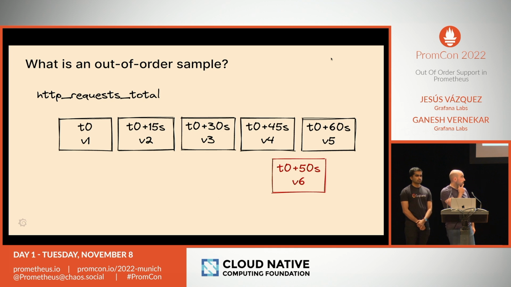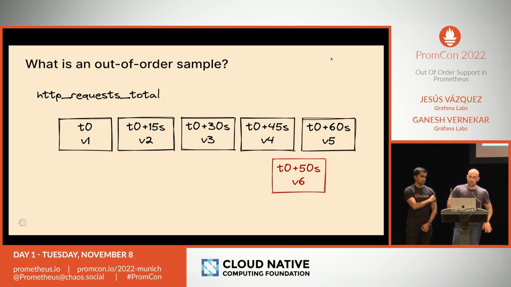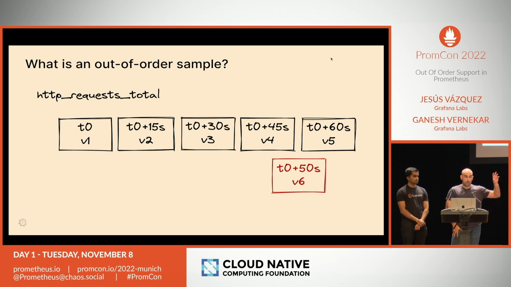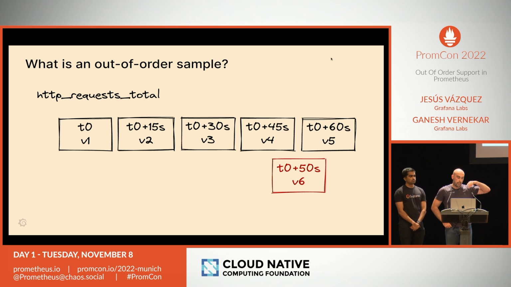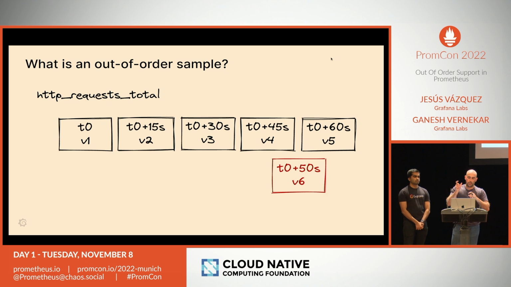So this picture is illustrating 6 samples that are coming one by one in chronological order, from value 1 to value 6. The first sample has timestamp 0 or T0, and then the subsequent samples are coming with a bigger or a newer timestamp, like T0 plus 15 seconds, plus 13 seconds, and so on.